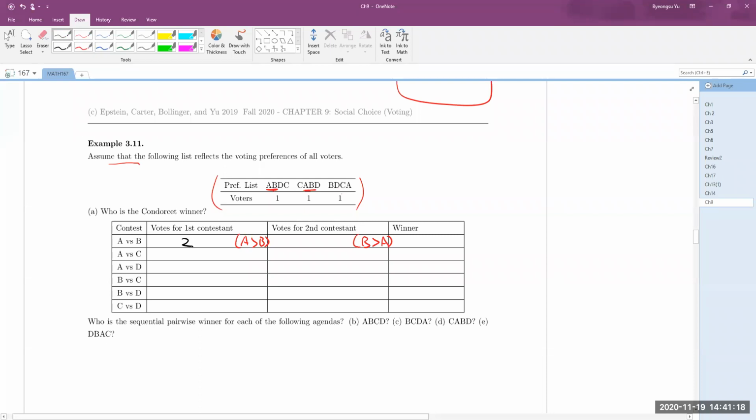So there are two voters who think that A is better than B, but one voter thinks that B is better than A. So the winner is A. And for A and C, the first preference thinks that A is better than C, but all the others think that C is better than A. So in this case, C is the winner.